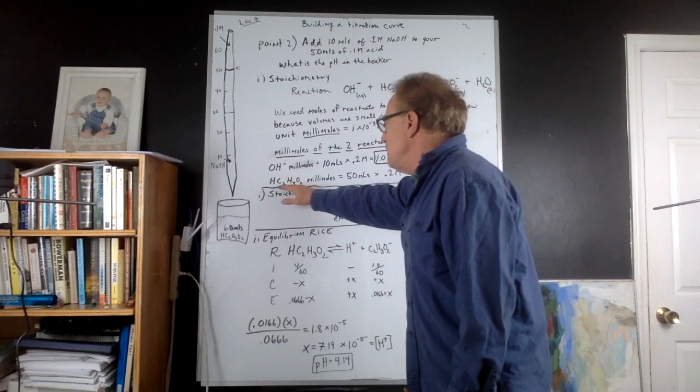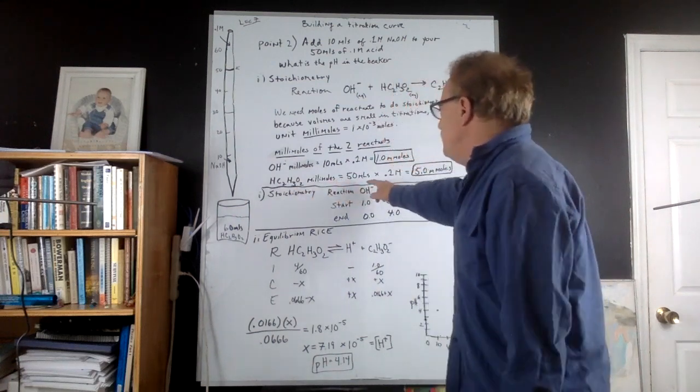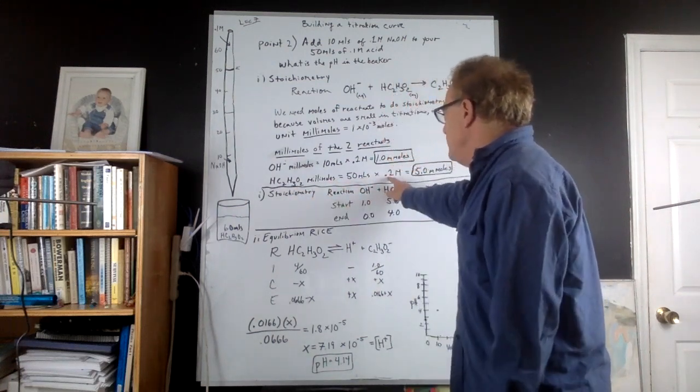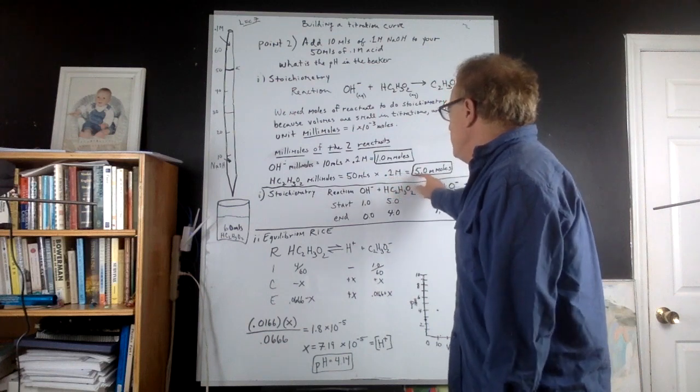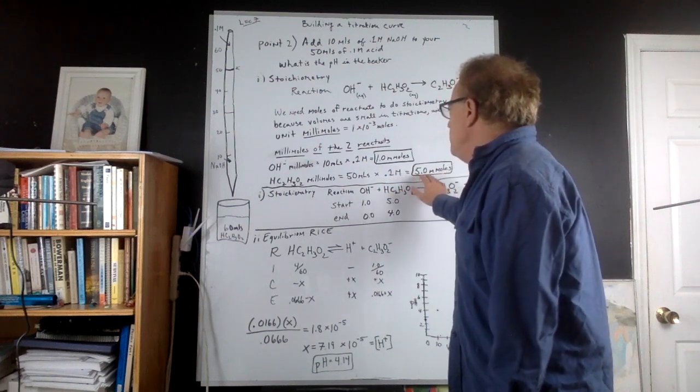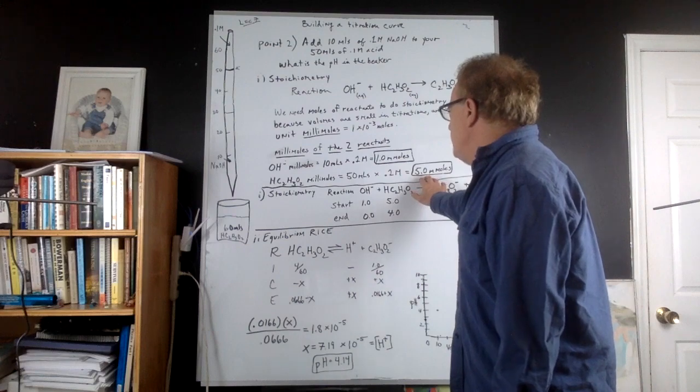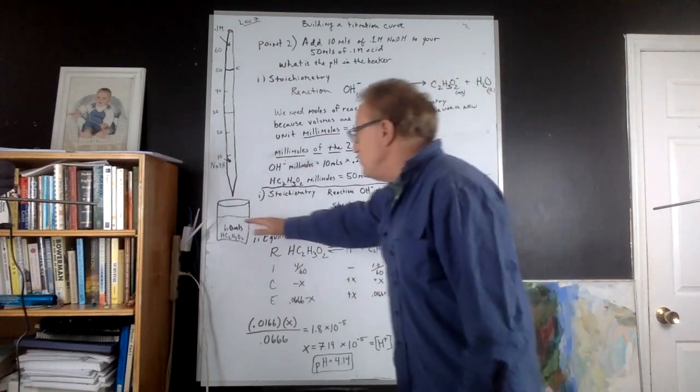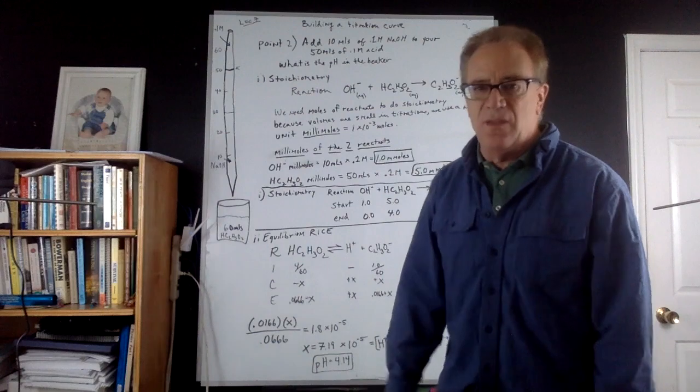Then for this acetic acid millimoles, you take 50 mils, which were in the beaker originally, times 0.1 molar, you get 5 millimoles. So in the beginning, you're always going to start with 5 millimoles of acetic acid because you started with 50 mils of acetic acid.